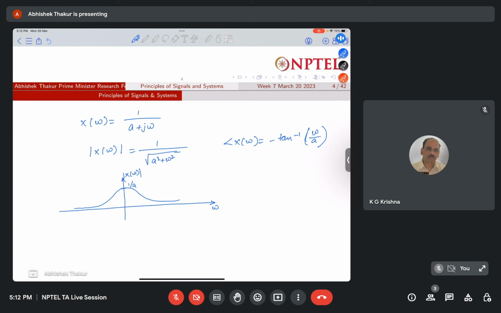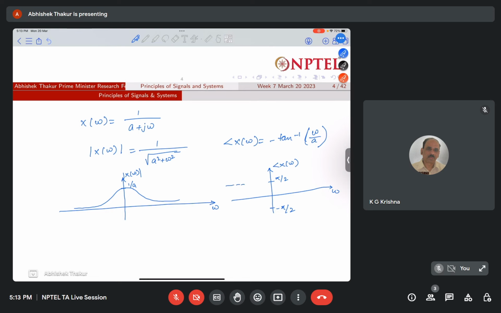And now we can also do the phase plot here. The phase will go from pi by 2 to minus pi by 2. When omega tends to infinity, it will be minus pi by 2. And when omega tends to minus infinity, it will be minus of minus pi by 2, that is equal to pi by 2. So this is omega, and this is the angle of X(omega).